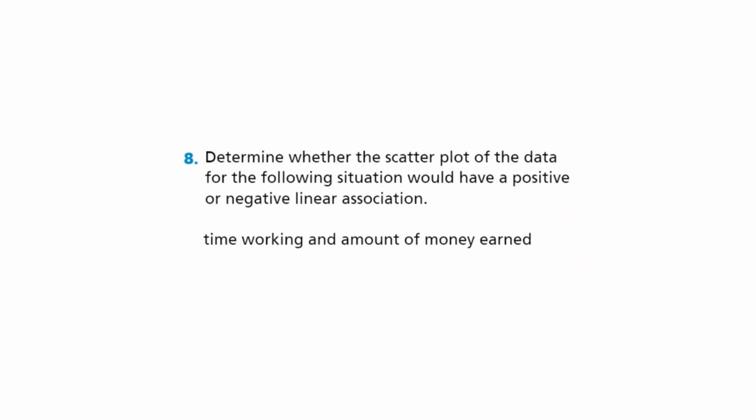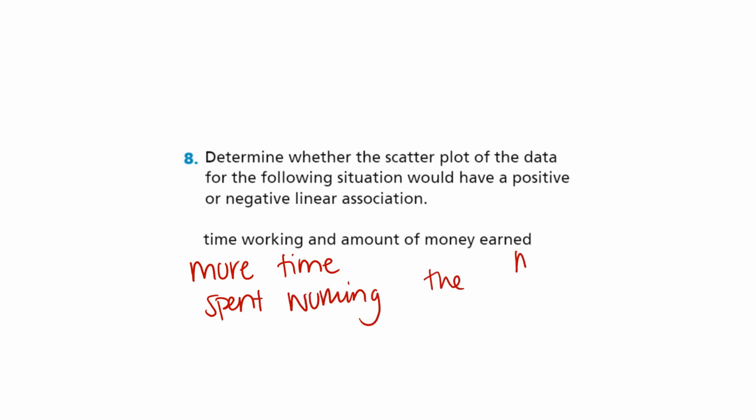Number 8, determine whether the scatter plot of the data for the following situation would have a positive or negative linear association. The example is time working and the amount of money earned. So the statement can be made that the more time spent working, the more money is made.